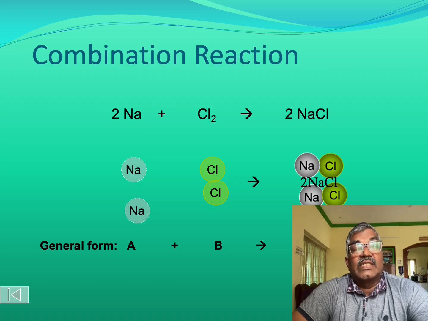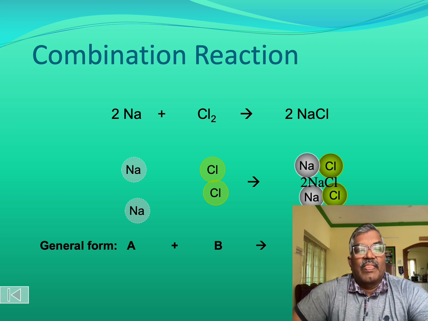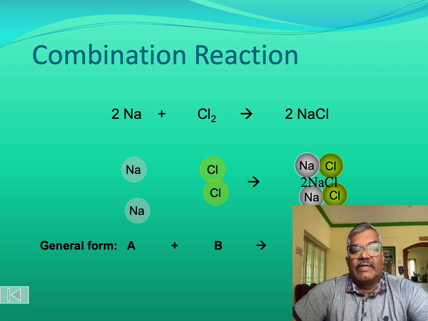In the previous video I explained what a skeleton equation is and why we have to balance a chemical equation. The skeleton equation of this balanced equation is Na plus Cl2 gives NaCl. To balance it, we have to put 2 in front of Na and 2 in front of NaCl. This way we can balance a chemical equation.